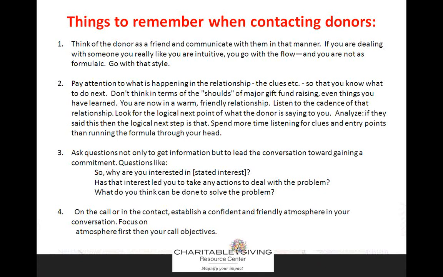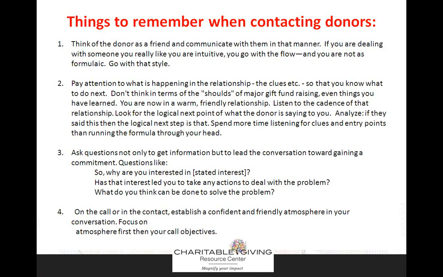Don't think in terms of shoulds for major gift fundraising, even things you have learned. You're now in a warm, friendly relationship. Listen to that relationship. Look for a logical next point of what the donor is saying to you. They might end the conversation, maybe you have coffee with them, and they might say, you know, Amanda, if you have something that you think I might be interested in coming to at your organization, will you give me a call?